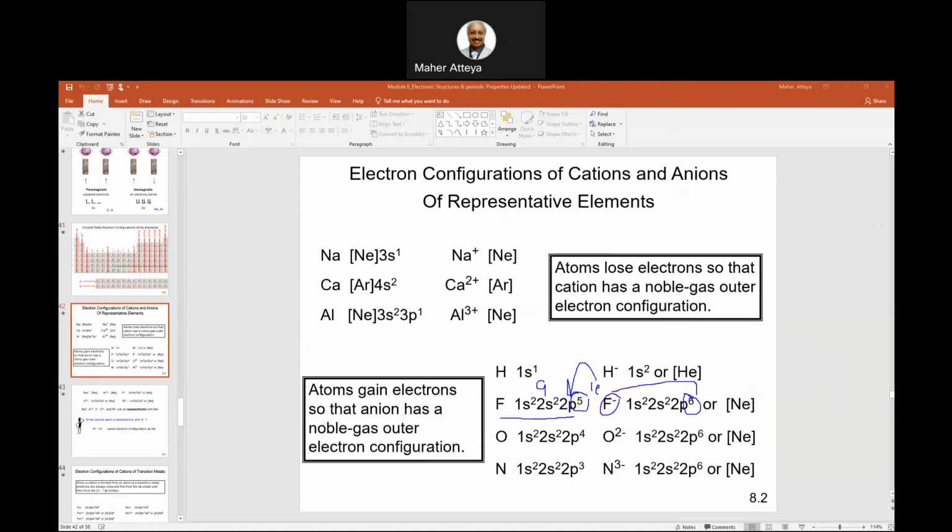Now, sodium. So they have the same isoelectronic structure.